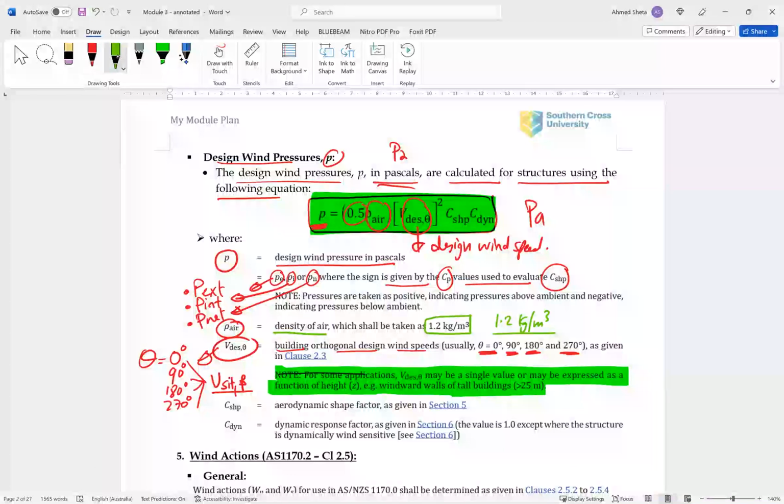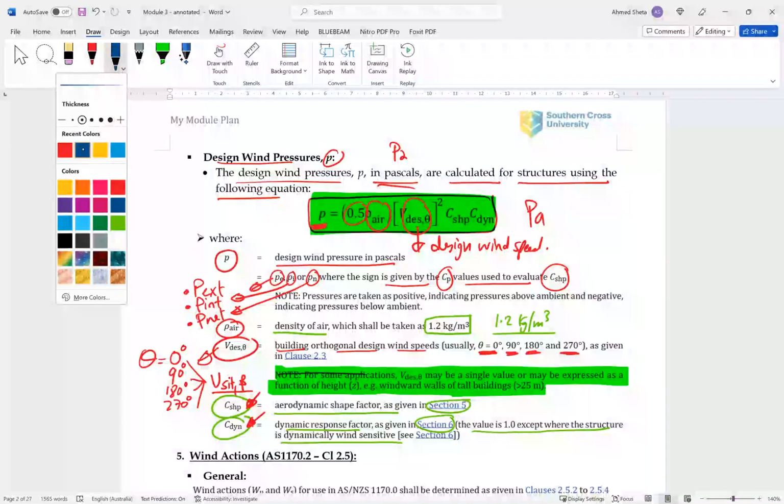The next parameter we have is C shape, which is the aerodynamic shape factor given in section 5. C dynamic is the dynamic response factor given in section 6. The value is 1 except for structures that are dynamically wind sensitive. So the other parameters we have are C shape and C dynamic.